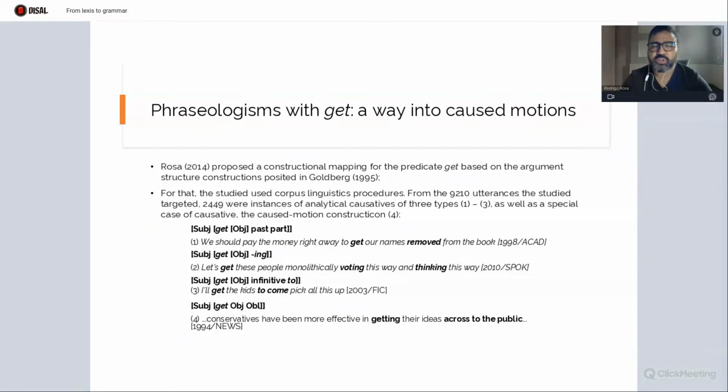So in this kind of construction, the fourth one that we're going to give the name of caused motion, what is happening? Basically, what the name of the construction says. It is a caused motion. So somebody is causing something else to be moved along a path, or towards an end.